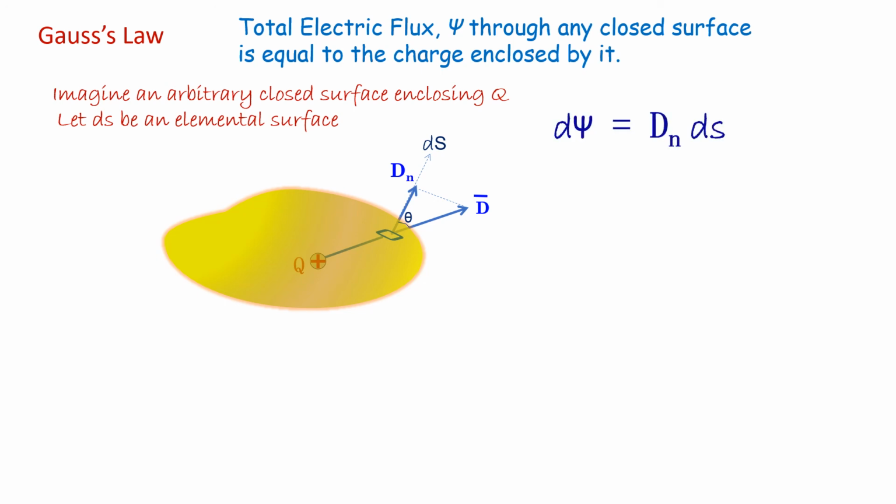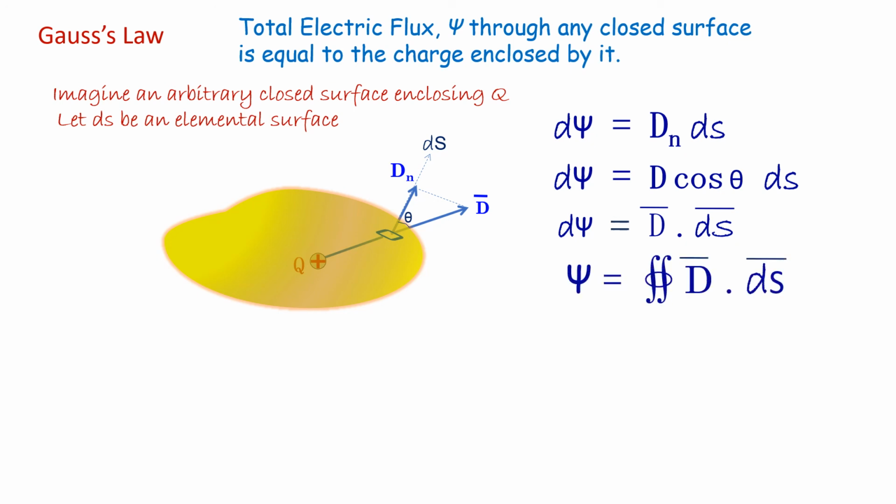So the elemental flux which is crossing out through the elemental surface d psi is Dn into dS. This can be written as D cos theta into dS. It can be written as a dot product as D bar dot dS bar. The total flux coming out through the entire closed surface is the surface integral of D bar dot dS bar.